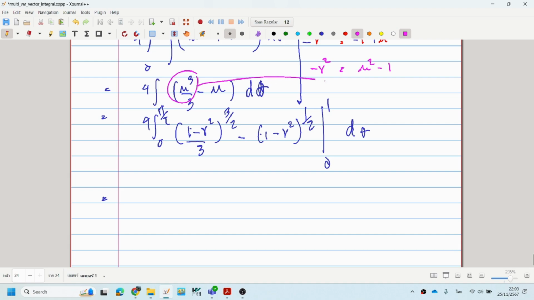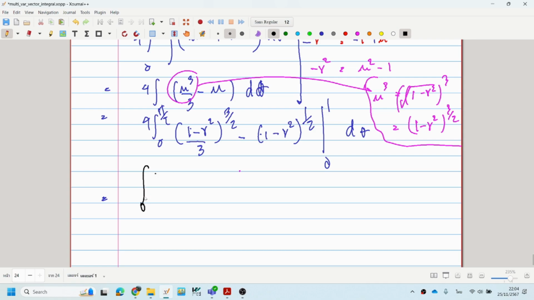Okay, u cubed equals 1 minus r squared. 4 times pi over 2.